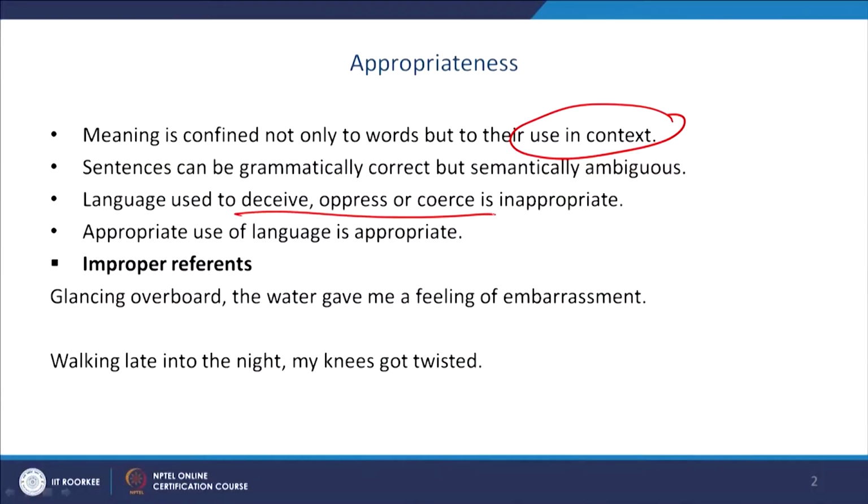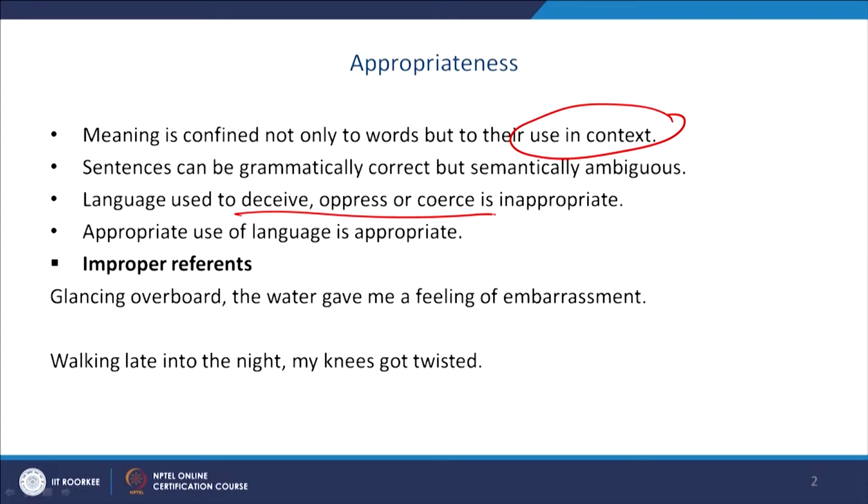Of course, at times in the business world you will find that there are many situations when you make a sentence ambiguous just to take the benefit by the use of structuring a word or an expression in a manner that you want. So, words have a tendency that through words you can also deceive a person. Language is used to deceive, oppress or coerce also at times.